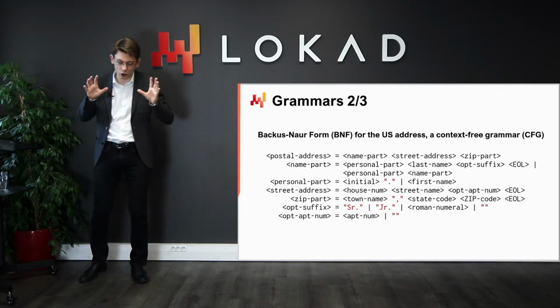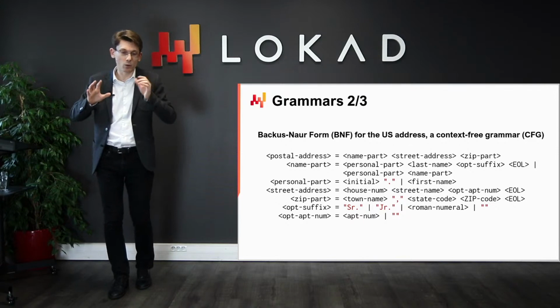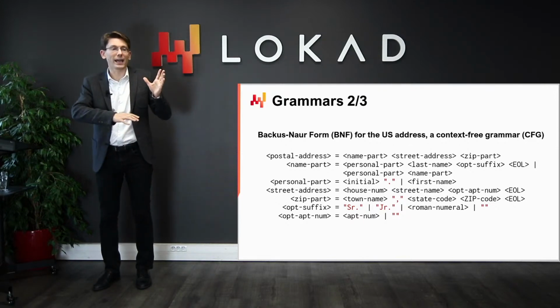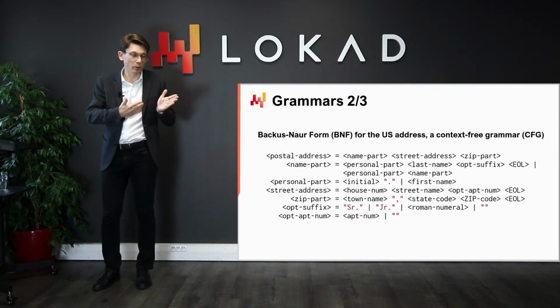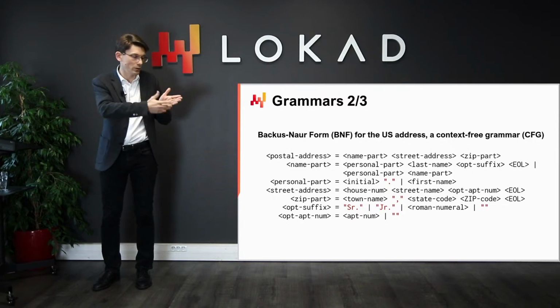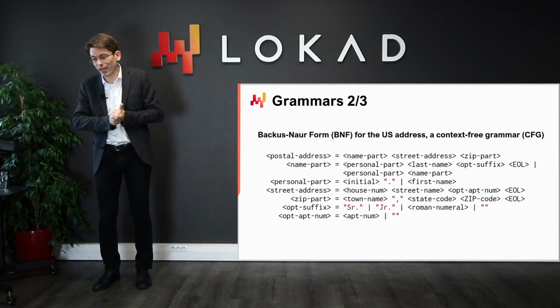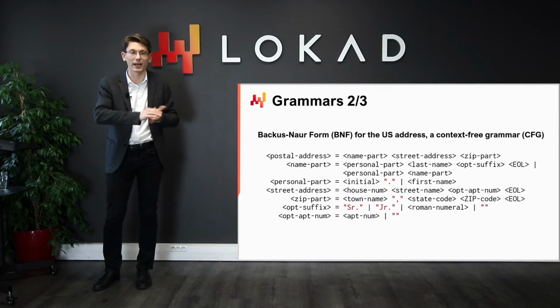The idea is that a context-free grammar is something where you can apply the production rules in any order, and as soon as you see a match, a derivation, you just apply it.